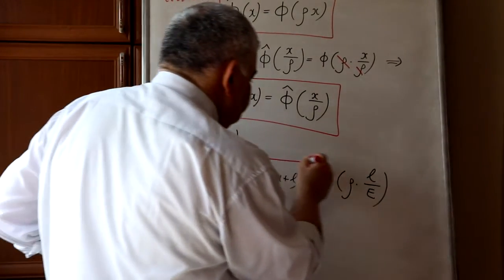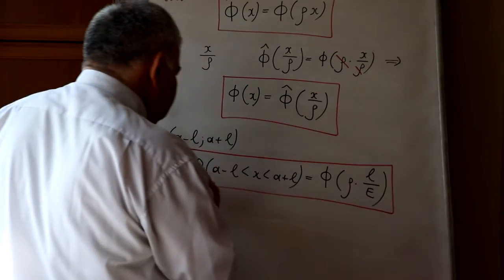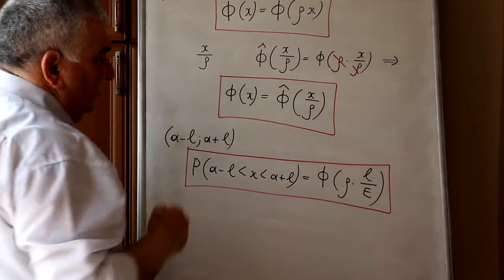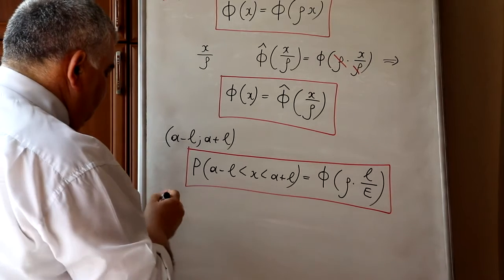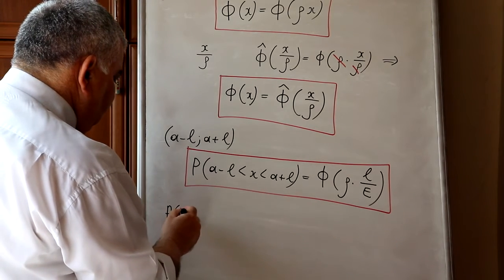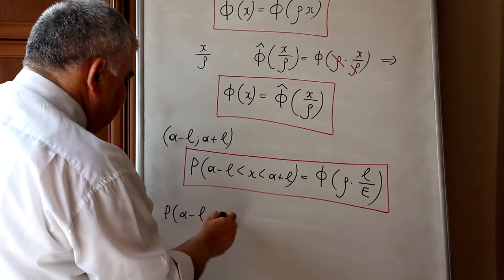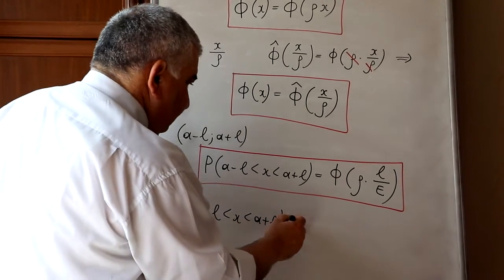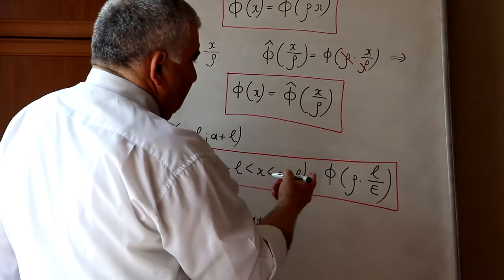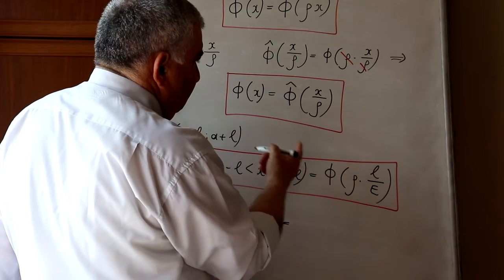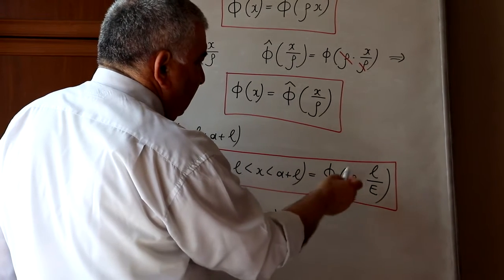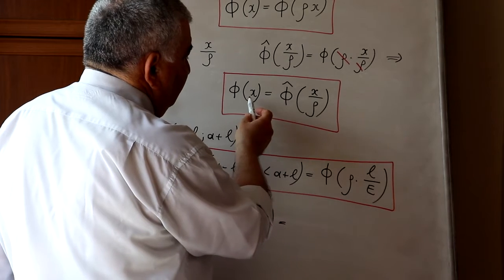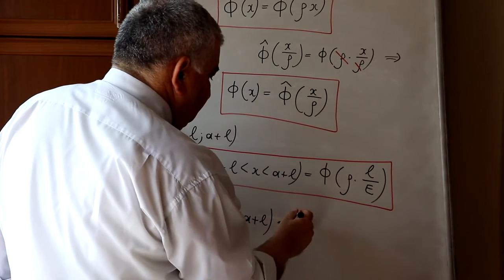Use this formula and express this probability by means of the reduced Laplace function. P of a minus L is less than x is less than a plus L is equal to phi, and we must substitute rho multiplied by L over epsilon capital instead of x.